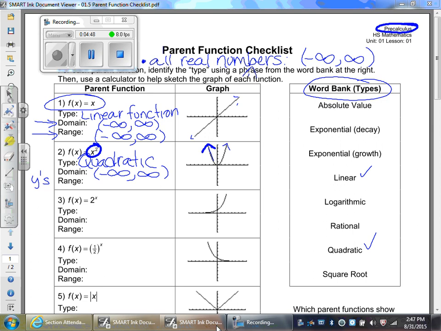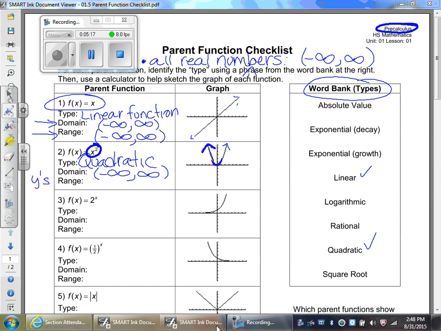So, Luis, if I square a positive number, 3 times 3, what do you get? Well, 3 squared. 9. So positive again, right? So it doesn't matter what your input is in terms of negative or positive, the answer will always be positive.